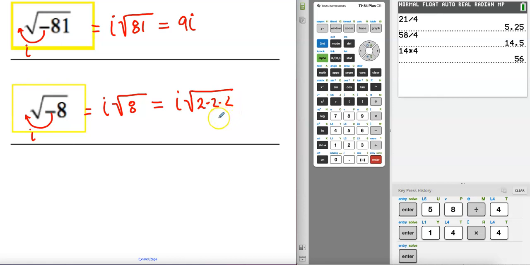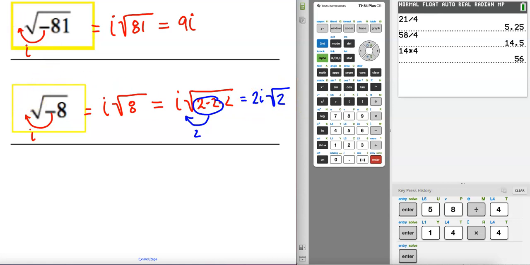If you want to check it, you can go ahead and check it. I have a pair of 2s now, so that means I can pull out a 2. Therefore, this is equivalent to 2i, because now the 2 is on the outside. So you brought out a 2 along with the i. So 2i times the square root of 2, and this is completely simplified.